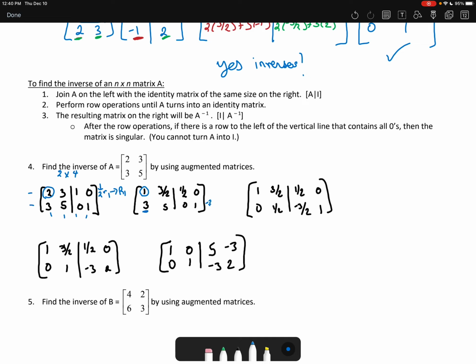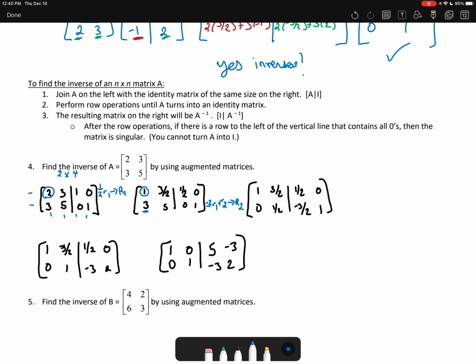So I'm going to do -3 times row 1 plus row 2, and I'm going to make that my new row 2. And again, I would do that step in my calculator to make this go a little faster instead of doing each individual entry at a time.